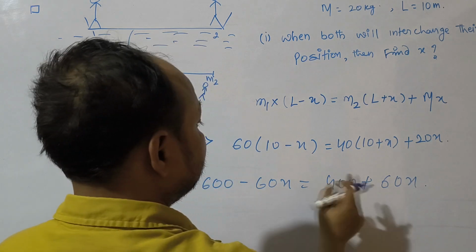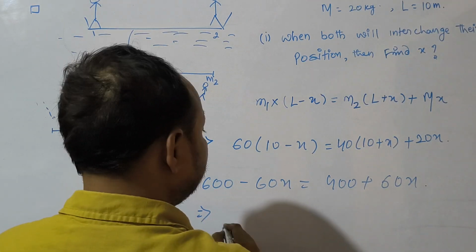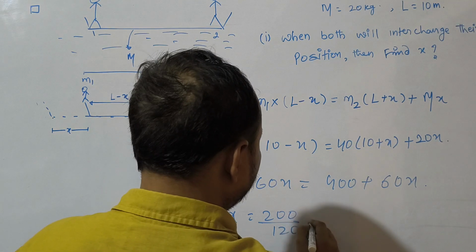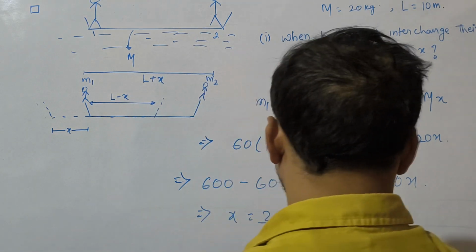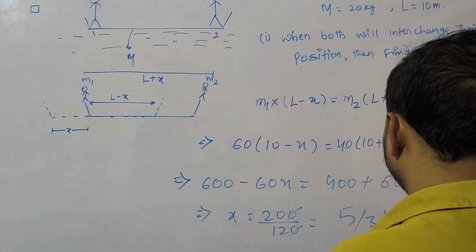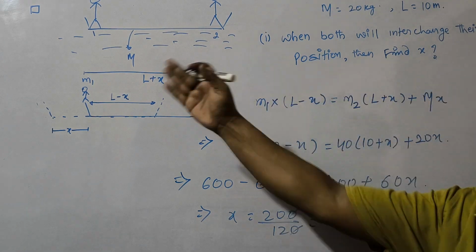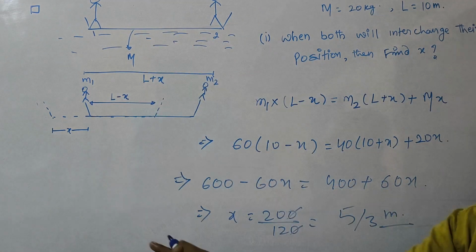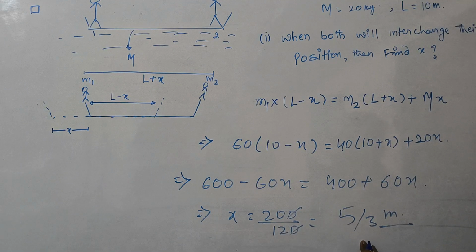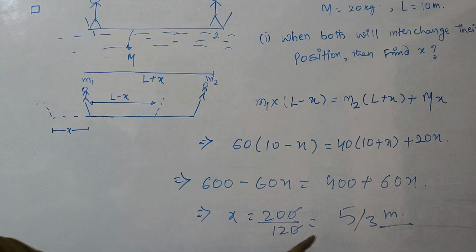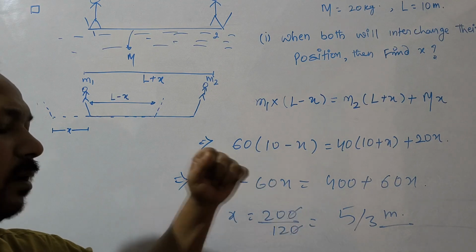So 60 plus 60 is 120, which implies x is equal to 200 upon 120, which is 5 by 3 meter. That is the required answer. Our assumption is correct, since the value is positive. Yes, the boat will shift in the backward direction by a distance of 5 by 3 meter.